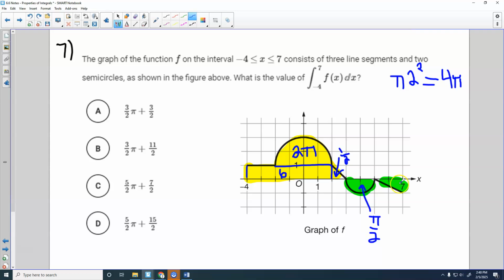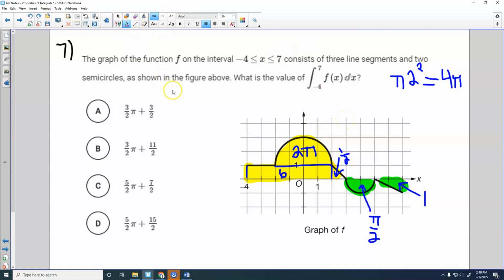And what is the area of this part right here? That should be 1. Yes, they need to be negative. Technically, areas are always positive. So if I'm talking about that area, it is positive. But when you start doing it as an integral, it'll be negative.